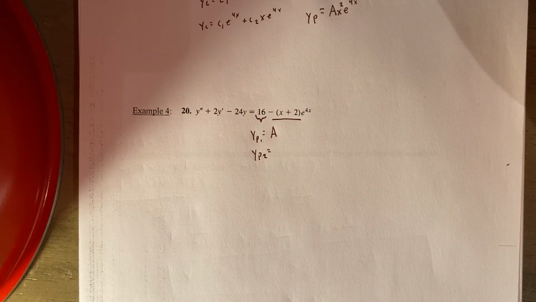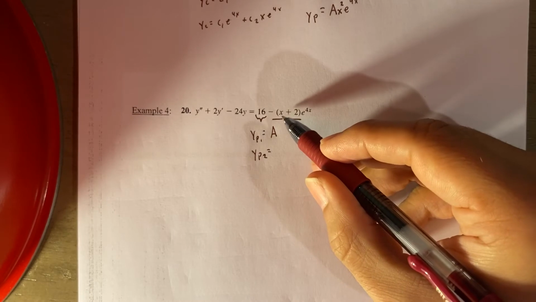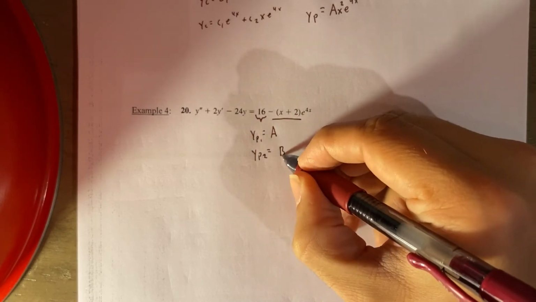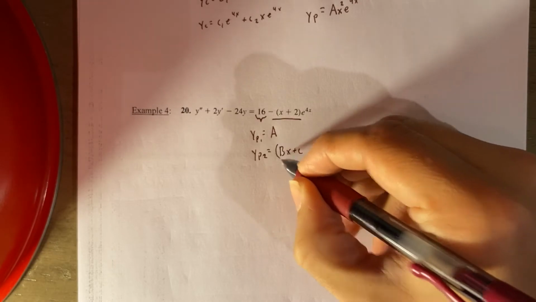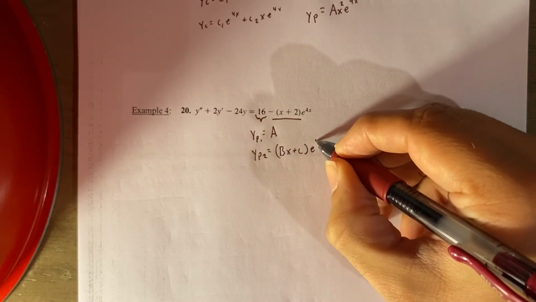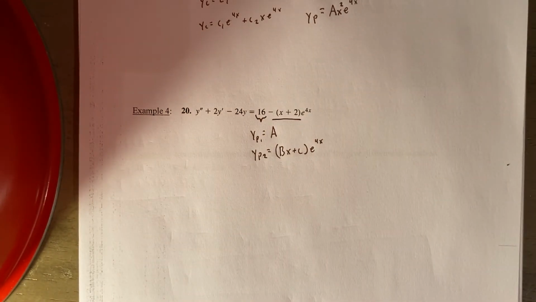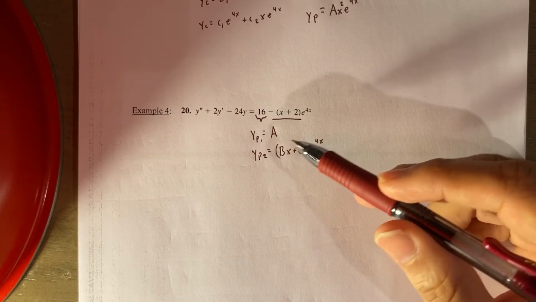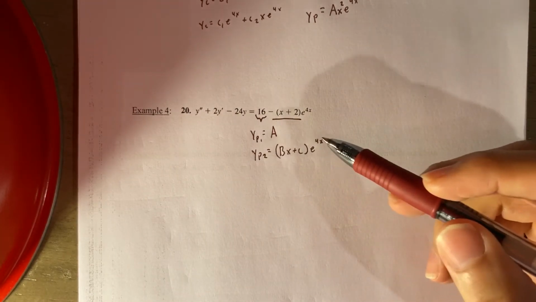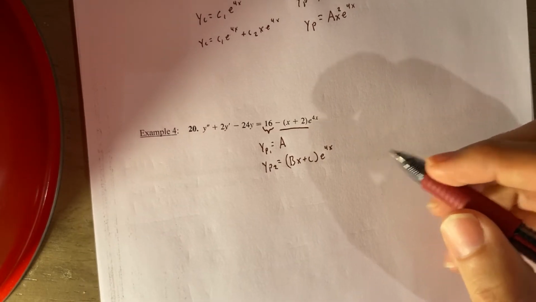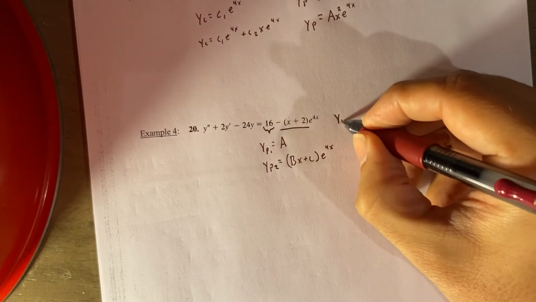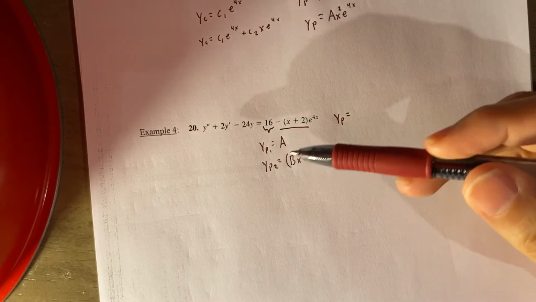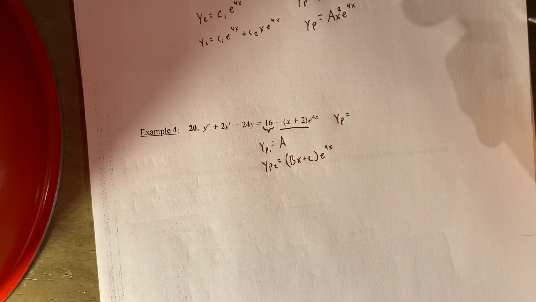And that's going to be, this is a first degree, so it's going to be bx plus c, and then we're going to have e to the 4x. So that's what the particular solution should be. So it should be a combination of the two. And so my y sub p is just, and this is kind of like the superposition principle, we're just going to add these two, and there's still going to be a solution.